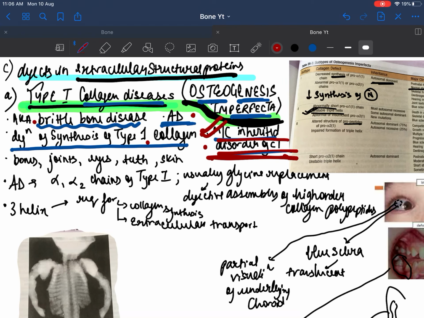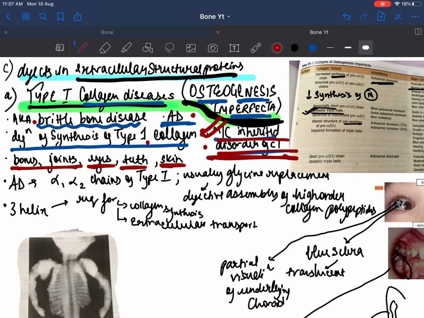So what are the areas where typical clinical manifestations are seen? Type 1 collagen is present mostly in the bones and the joints, but some of it is also present in the eyes, the teeth, and the skin. So a patient will present with manifestations mostly in the bones.